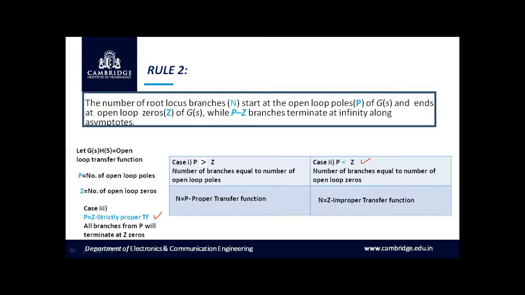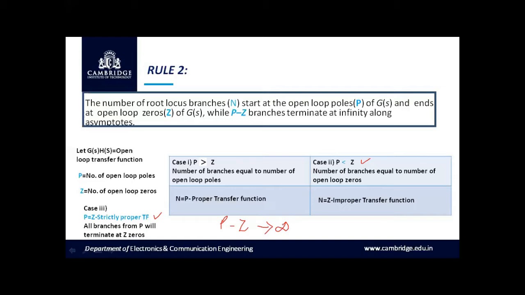In this case, all branches from the P poles will terminate at the Z zeros. If P is greater than Z, the branches will terminate at Z zeros and the rest of the P minus Z branches will terminate at infinity.